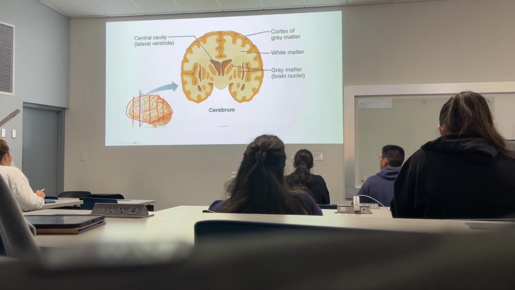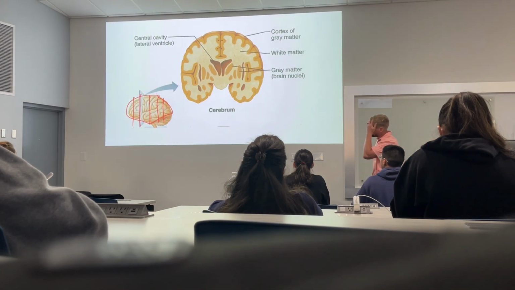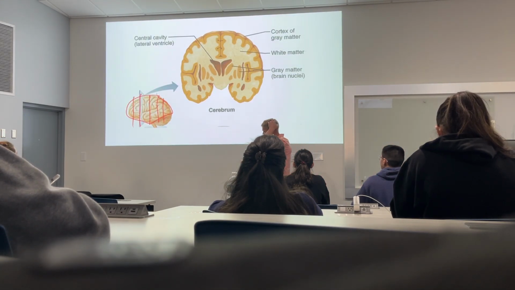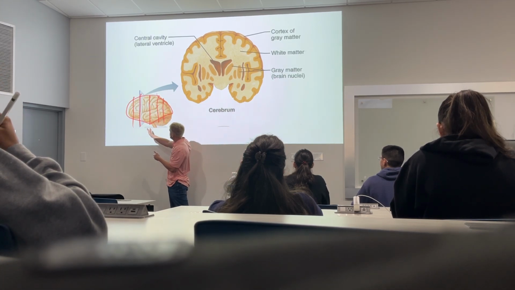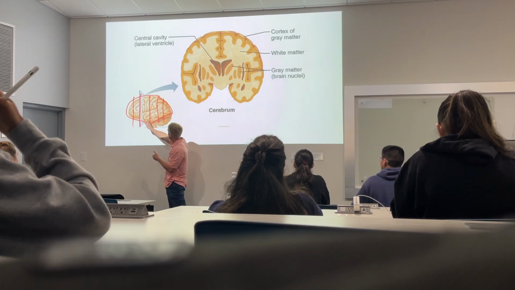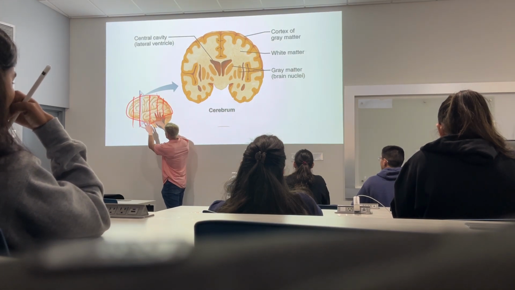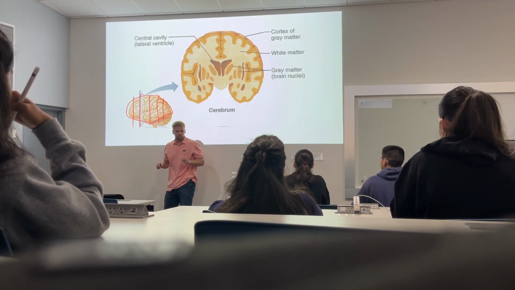Right, this is a lateral view, so this view right here would be like looking at the left side of my brain, my cerebrum, and essentially what you do is you take a knife and you create what's called the coronal or frontal cut, and you cut the brain into a front and a back half.